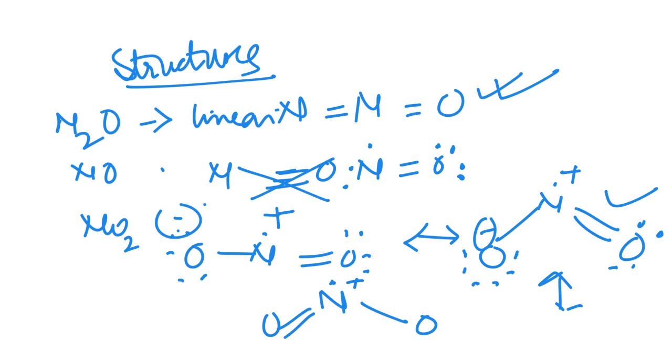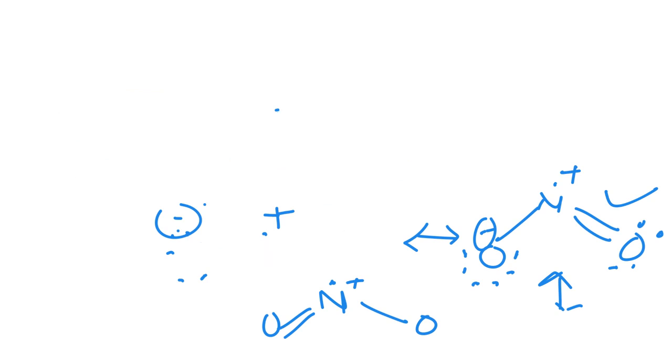Now let us go to the N2O3 structure. Two nitrogen atoms are there, so first you join these two nitrogen atoms.